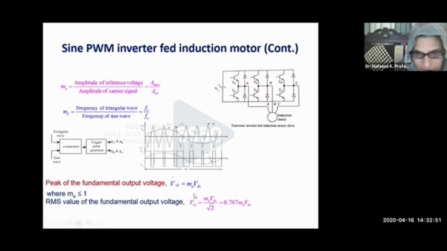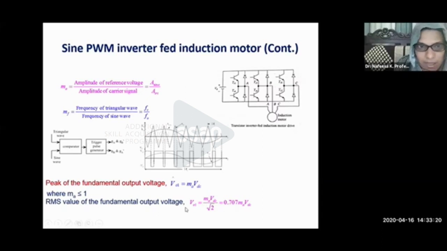So from this we can see that if we want to vary the magnitude of the output voltage, you can do it by controlling the amplitude modulation index, MA. That means the variable output voltage can be obtained by controlling MA within the PWM inverter.